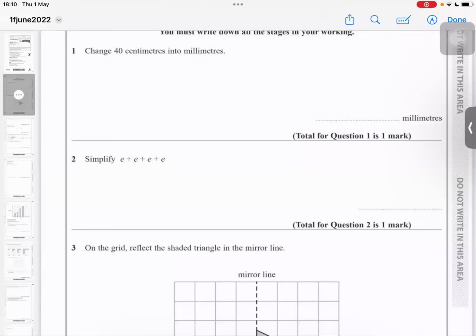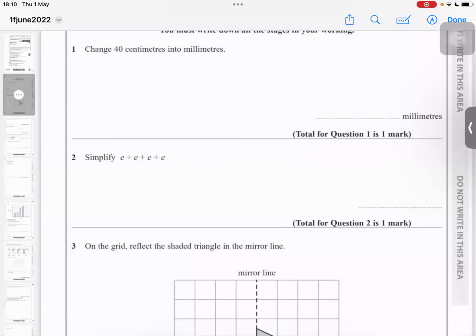This one should be easy for you. 40 centimeters into millimeters. 10 millimeters make 1 centimeter. So if I'm changing centimeters to millimeters, I'll be multiplying by 10.